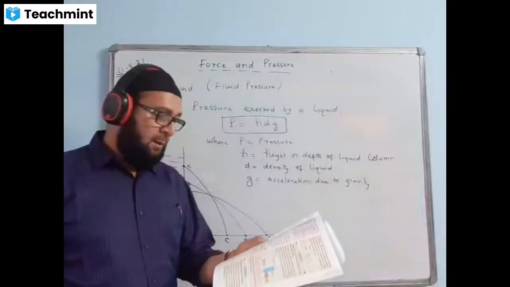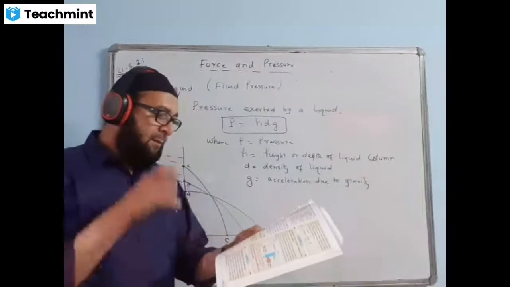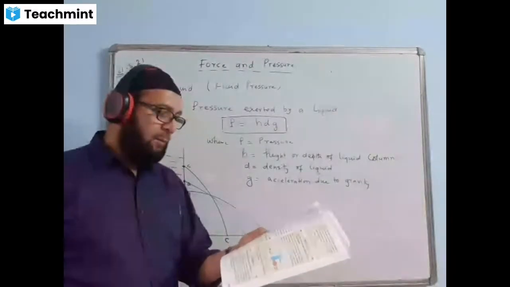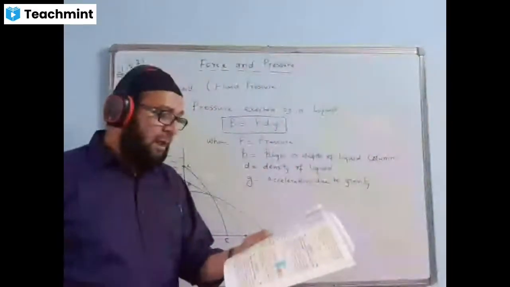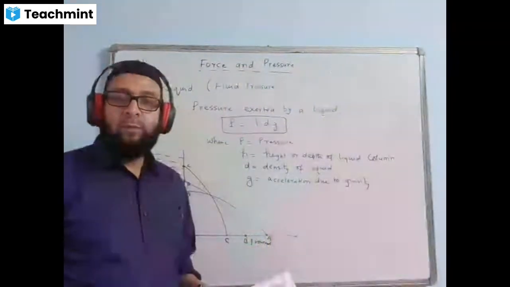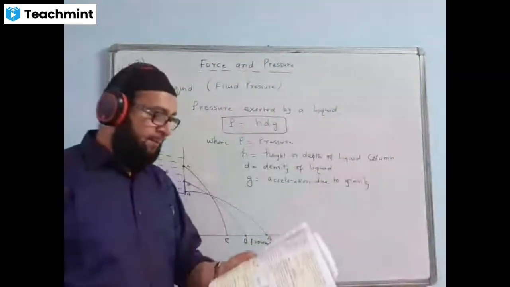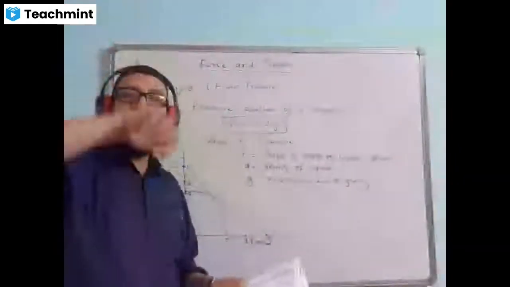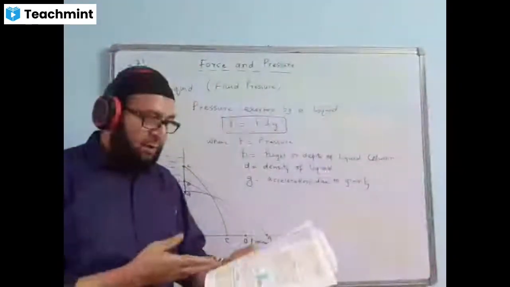Let's have a look at that. There is a glass tube, and at the bottom of the glass tube, there is a deflated balloon. When water is poured into the tube, what happens to the balloon?